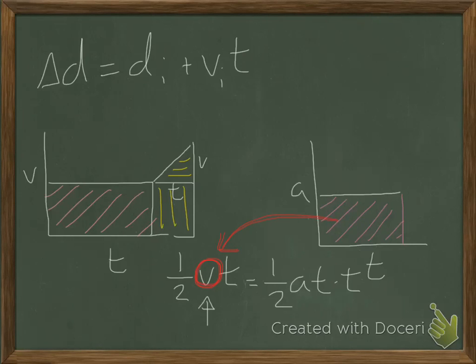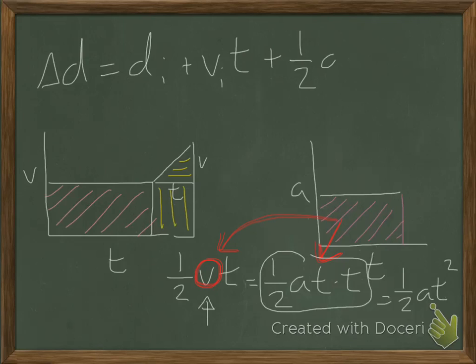So instead of velocity, I'm using acceleration times time, which is the same thing. We have two t's here at the bottom. We're getting a little bit jumbled up in space, aren't we? We have 1/2 at times t, which simply reduces to 1/2 at squared. And now that is a measurement of displacement. So I'm going to add that onto our master equation here, 1/2 at squared. And now here we have it.